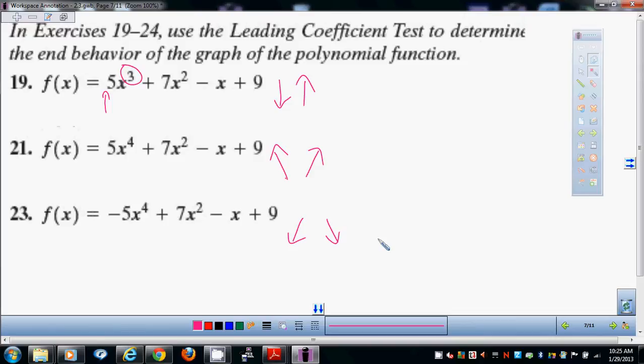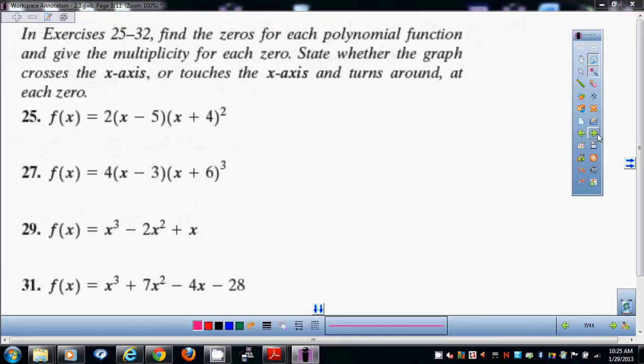Actually, I think this is one of those sections where the next section is going to ask you something new, but then it's also going to ask you to do that again. So we'll just start with that and work into the new thing. It asks us to find the zeros. Well, let's just look at 29 real quick. Let's talk about the end behavior of 29.